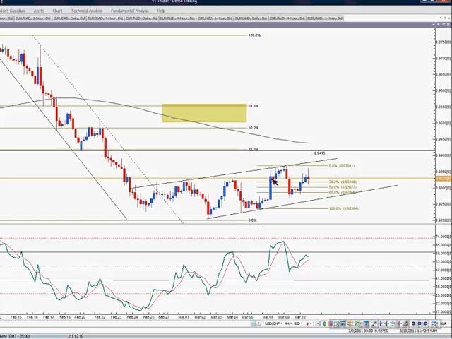Before that, we also cracked the 61.8 and rallied. So choppy, corrective structure. And I'm going to look for this 200 moving average in 4-hour time frame and a 38.2% retracement and this previous pivot here. So there's some resistance factors here.